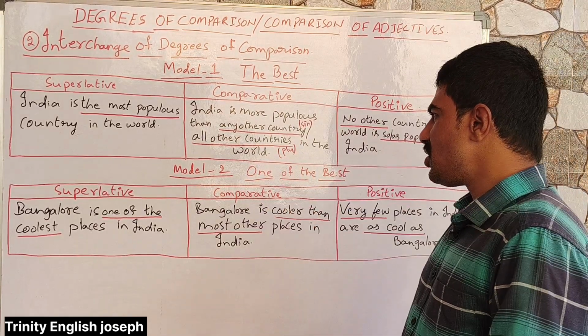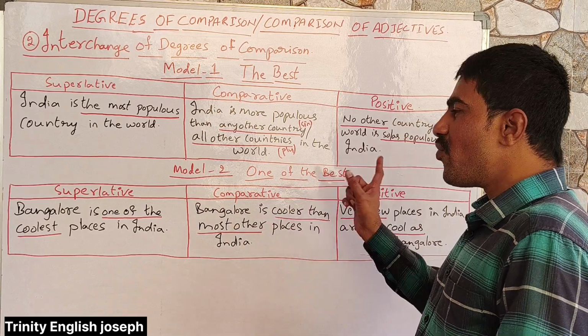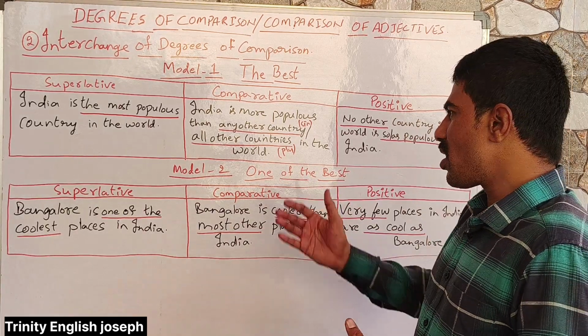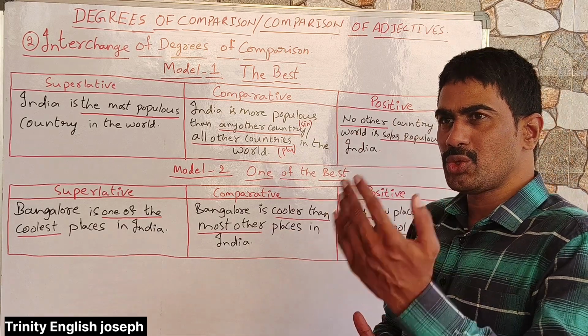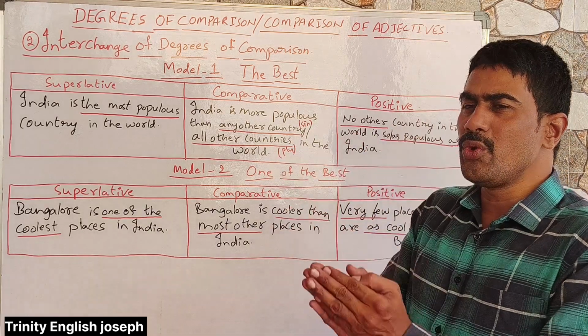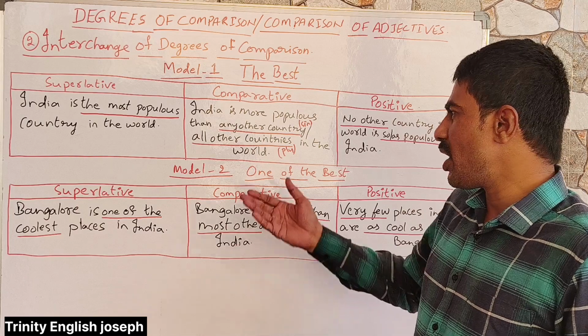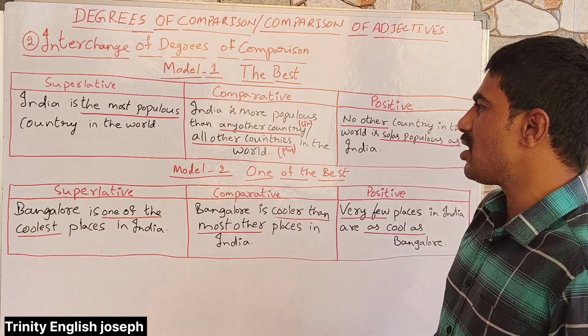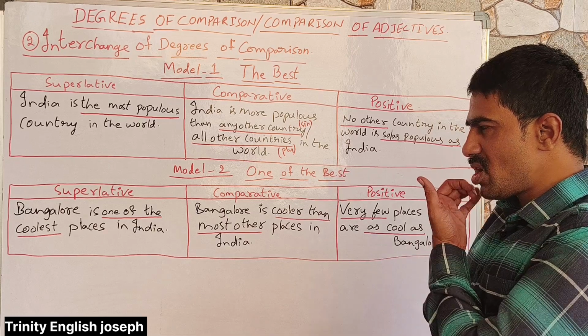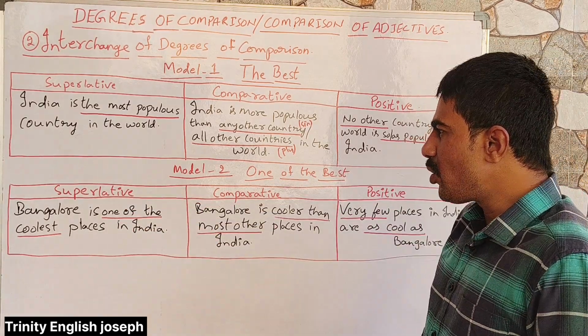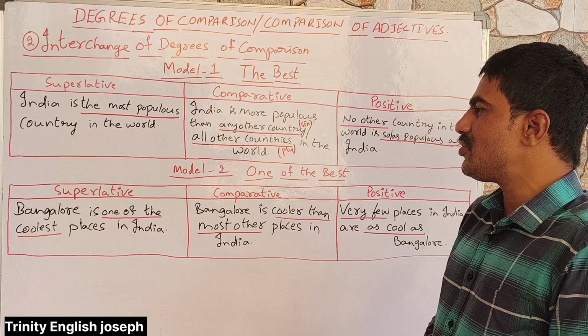Coming to the second model, model 2, one of the best. When you come to this one of the best, in a group of more than 2, if there are a few others like them, in that particular context we would be using this model. Here, Bangalore is one of the coolest places in India.